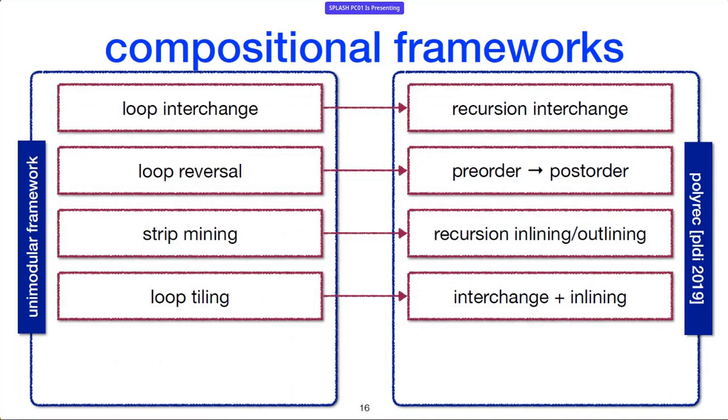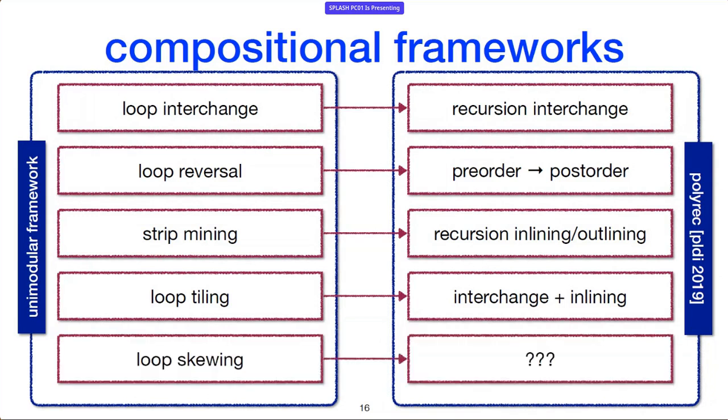Those of you that might have seen the polyhedral framework or the unimodular framework before know that there's actually a transformation that's missing here. The transformation that people will use to, for example, deal with wavefront codes or stencil codes is called loop skewing, which I'll talk to you about later if you're not familiar with it. And up until now, it's not been clear that there is even an analog to that kind of transformation in the recursive world.